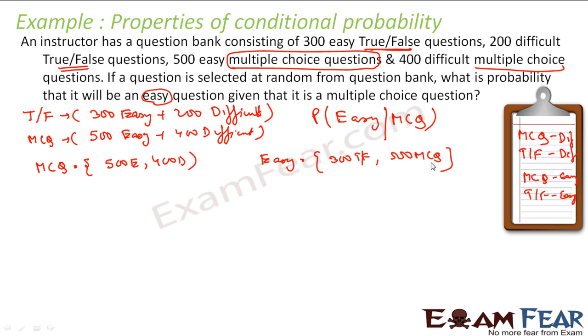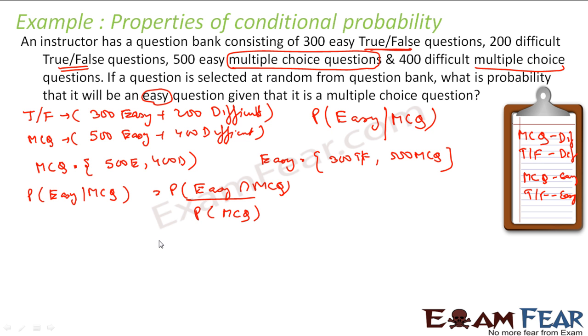Correct? Now we have to find probability of easy given MCQ. That is nothing but probability of easy intersection MCQ divided by probability of MCQ. So that means I have to find the elements in the easy and MCQ intersection.